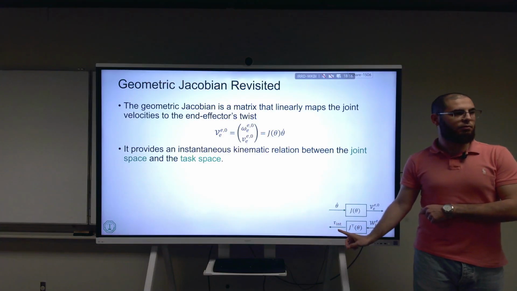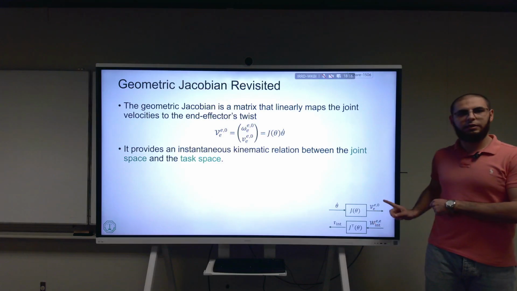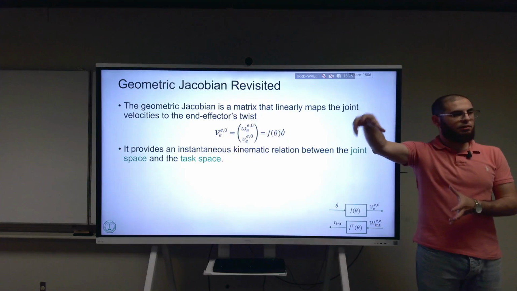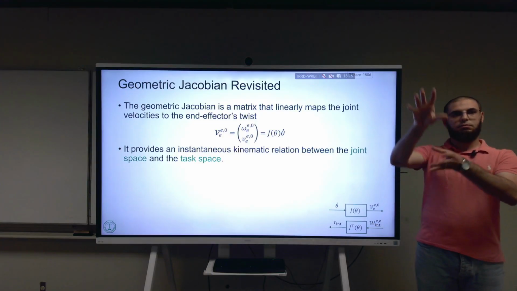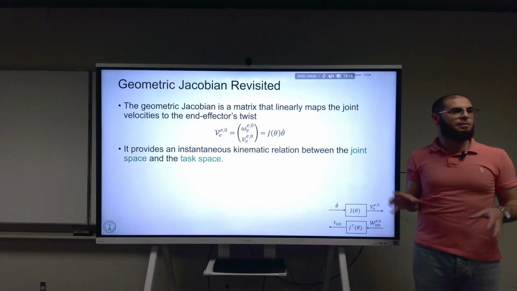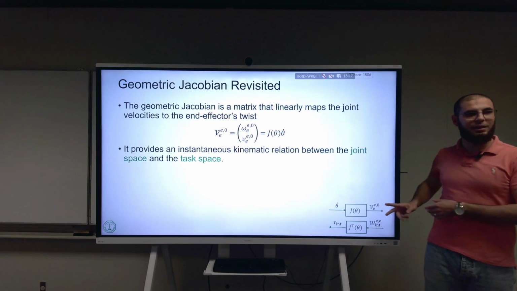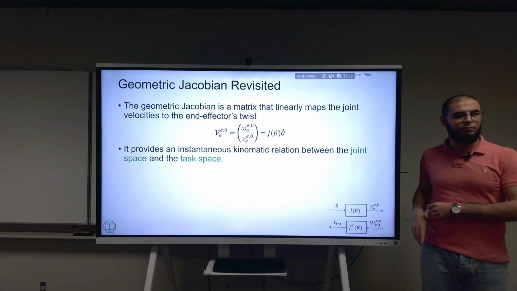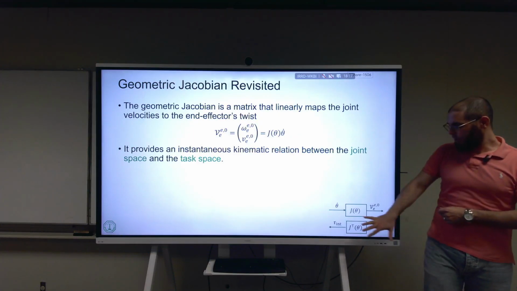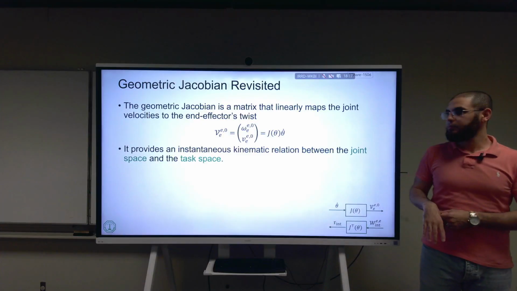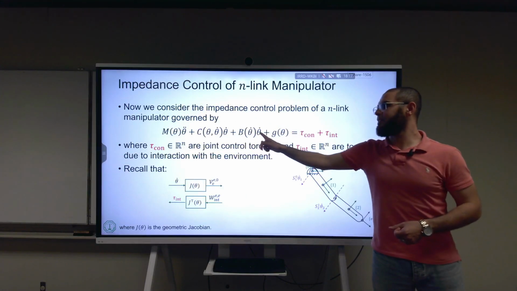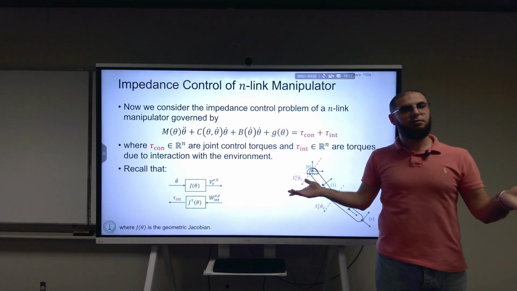And on this side, we have the generalized velocity of the end effector in space, and the interaction wrench also in space. Both are expressed in the same frame, in this case the end effector frame. So this side is usually called the task space side, and this is usually called the joint space side. The dynamics that we had earlier are represented in the joint space.